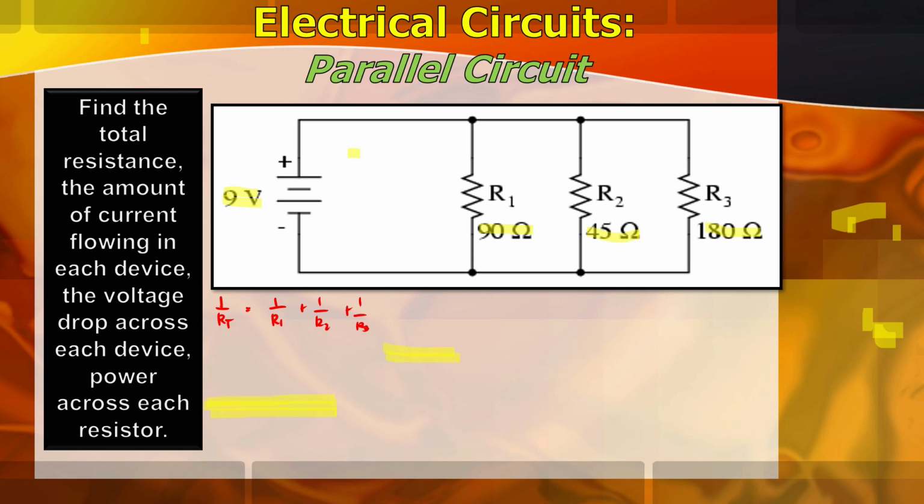So let's substitute. We have here 1 over RT pa din is equal to 1 over 90 ohms plus 1 over 45 ohms plus 1 over 180 ohms.